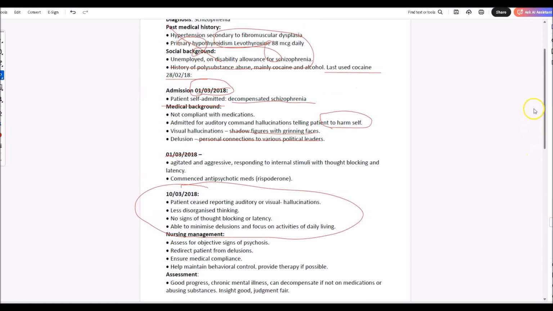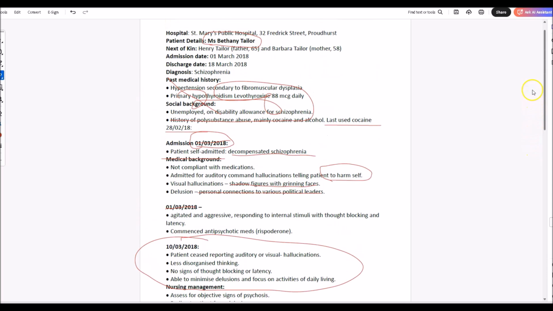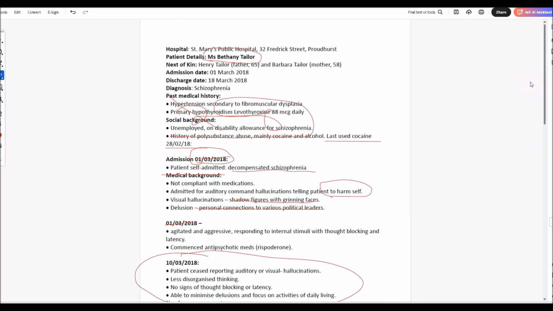This is what I keep saying. Don't use dodgy notes from the internet, because I don't know. So it's not clear to me if she was on risperidone before, because it says here non-compliant. But what were the medications that she was on?